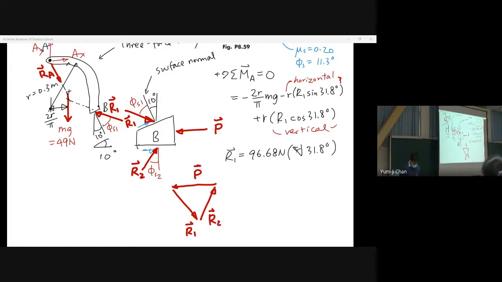This one is 11.3 degrees, and this one is 31.8 degrees. Of course, because we know this one is 96.68 newtons, you know how to get P, right?